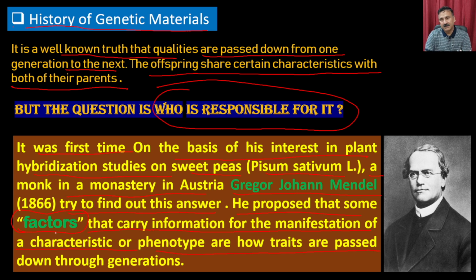He said this factor could be a dominant factor or a recessive factor, and all these laws of genetics you might have studied in textbooks. Then people started identifying this particular factor.